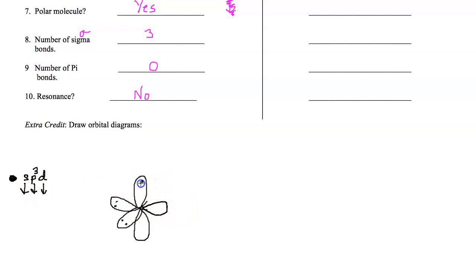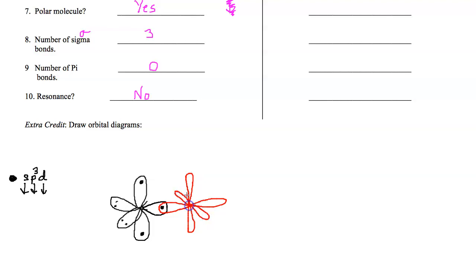Now, it's important to realize that there was 1 electron each. There's a total of 7. And then the fluorines, because they're terminal, don't need hybridization. So what they have is an unhybridized p orbital that needs to be filled, and there it's px, py, pz.